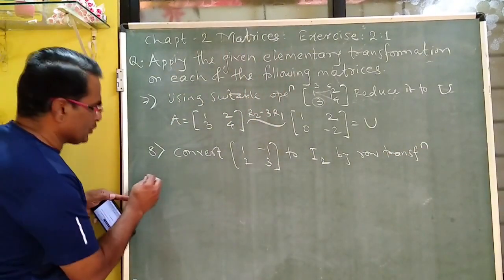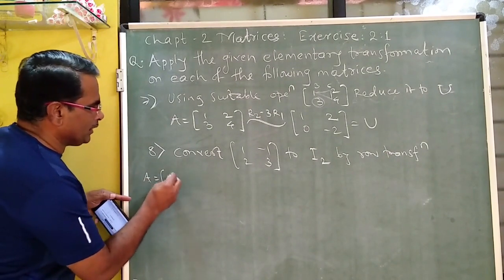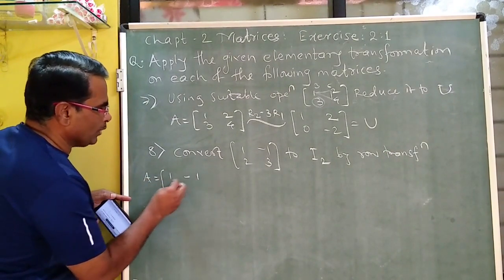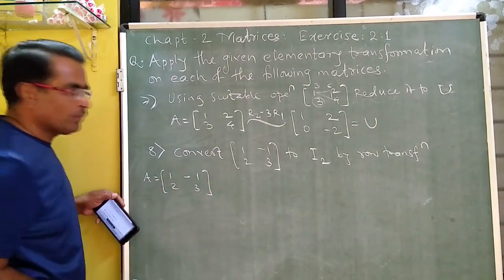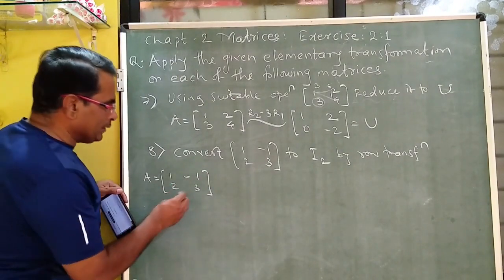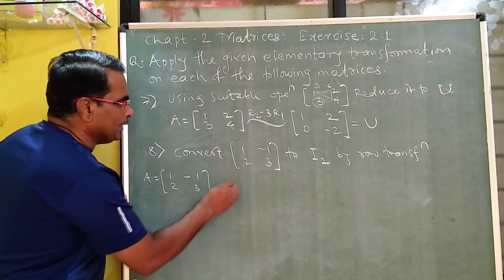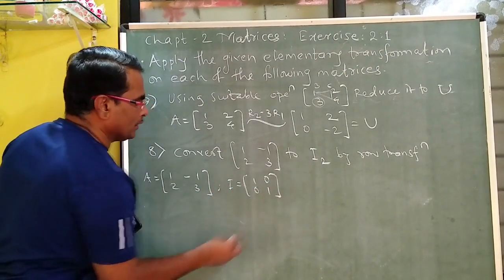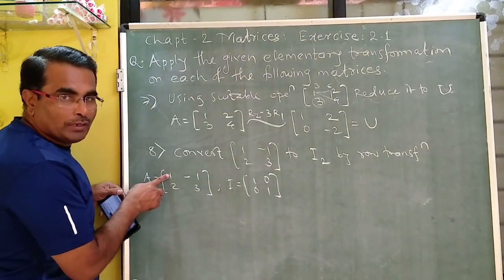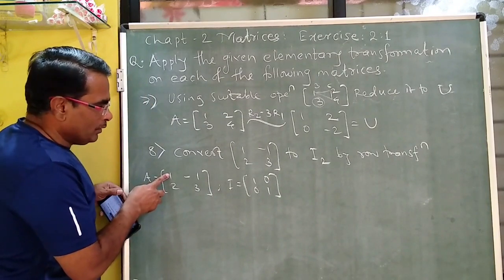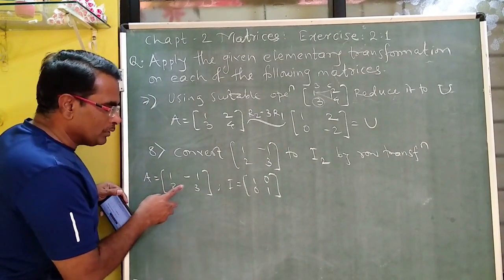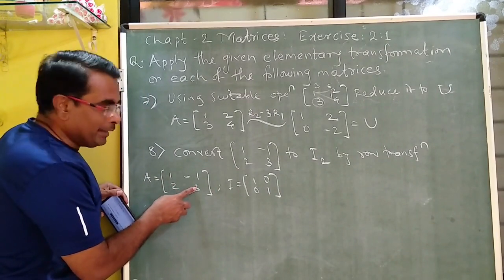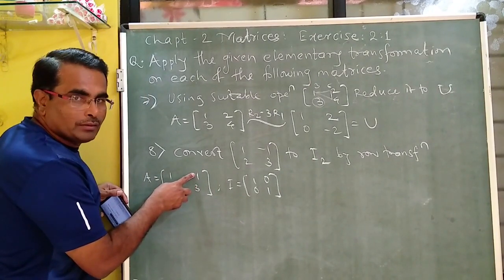To consider this, you have to consider the given matrix A, that is 1 minus 1 2 3. To reduce this matrix to identity matrix, we know that identity matrix is nothing but of the type 1 0 0 1. That is, this element we have to make 1, that is already 1. This element we have to make 0.